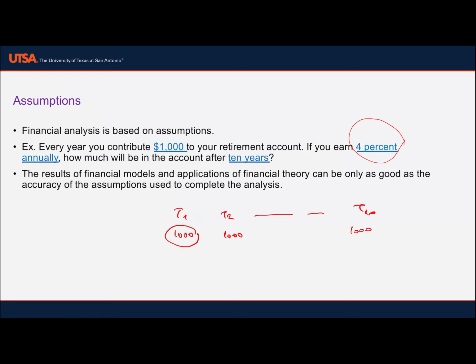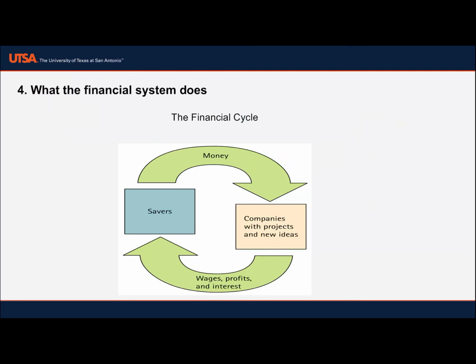So you contribute 1,000, that 1,000 gives you 4%, and you will earn $40, right? The results of financial models and applications of financial theory can only be as good as the accuracy of the assumptions used in the complete analysis.